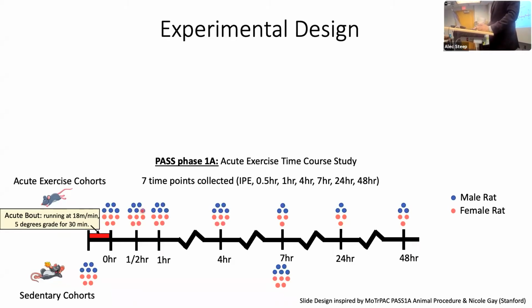And then afterward, there are 7 time points: immediately post-exercise, 1/2 hour, 1 hour, 4 hours, 7 hours, 24 hours, up to 48 hours, where these rats were sacrificed and their tissues harvested. We compared those to sedentary rats at 0 hour and 7 hours. So these sedentary rats, of course, didn't undergo any exercise response.